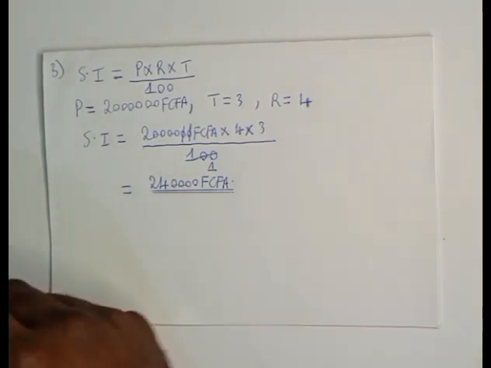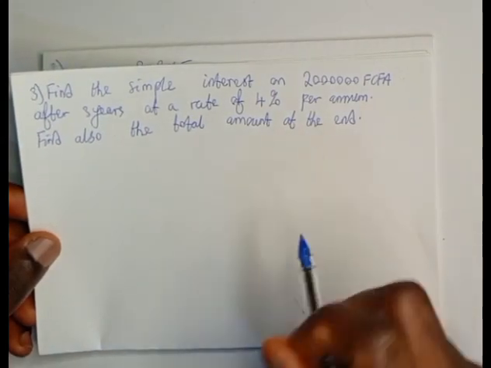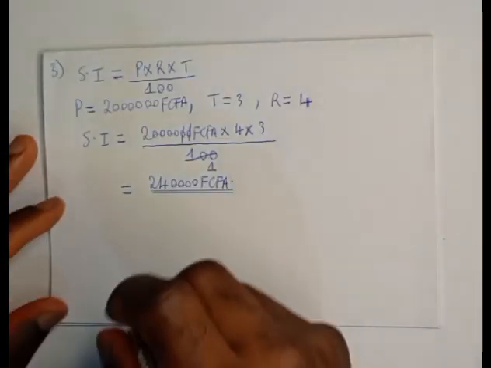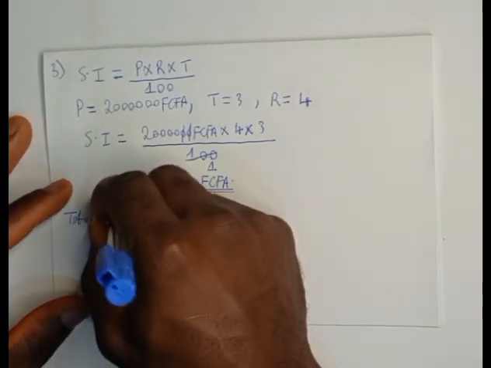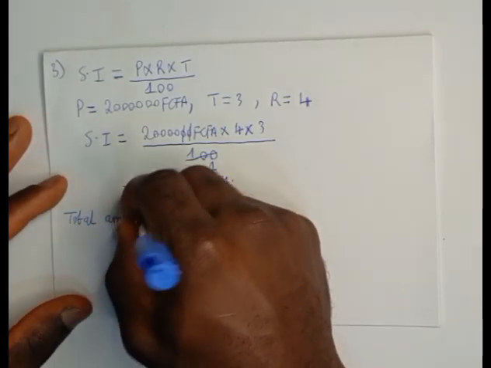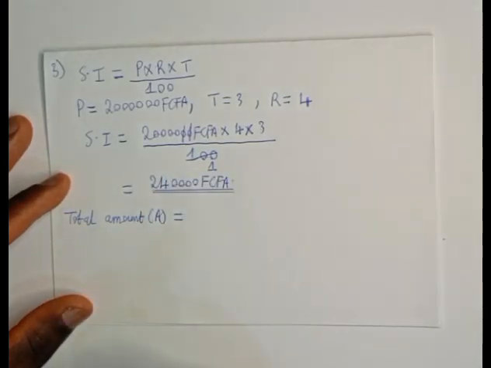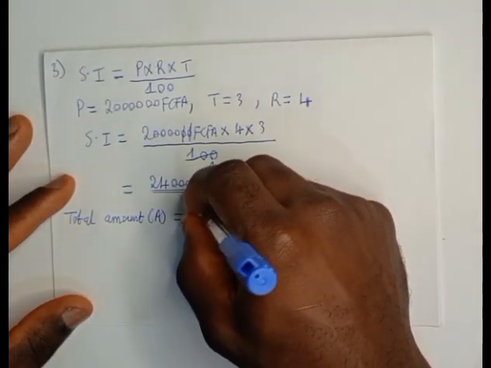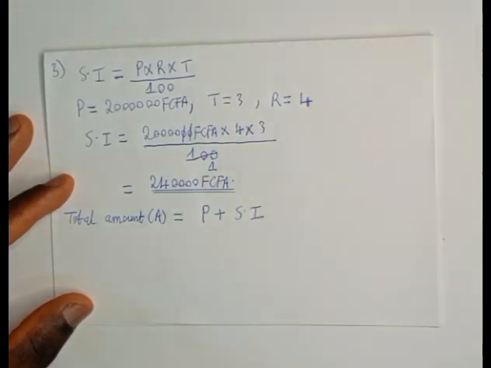We go to the next part of the question, which is asking us to find also the total amount at the end. The total amount, the amount is denoted by A. It is simply equal to the sum of the principal and the simple interest made.